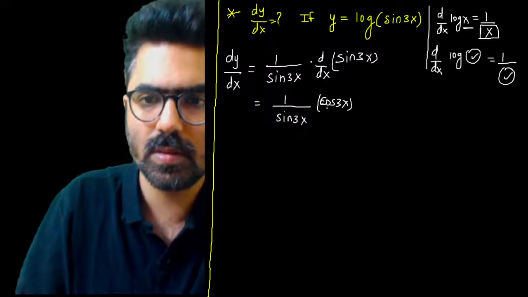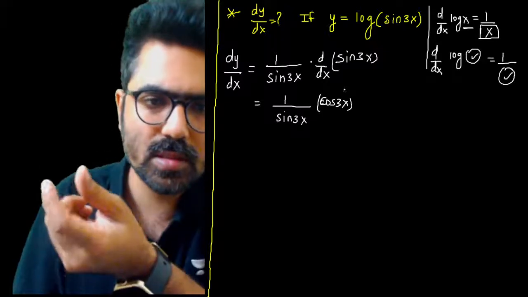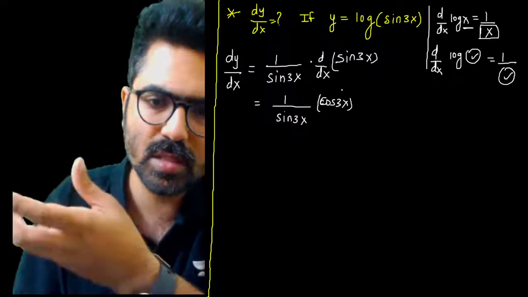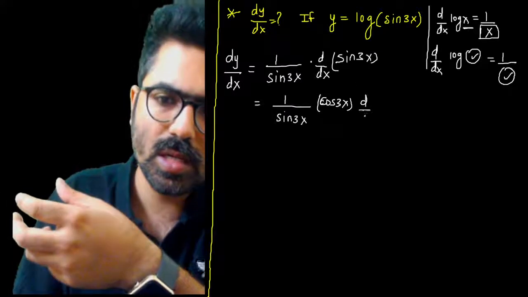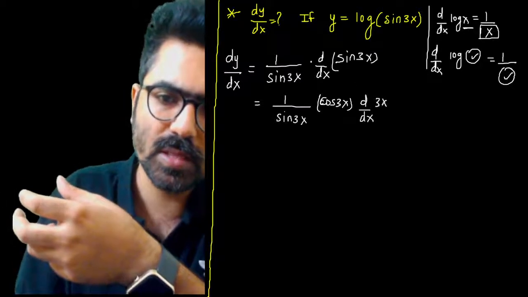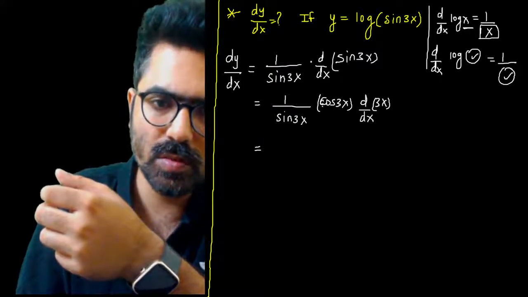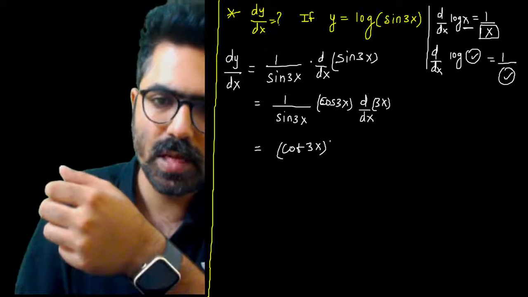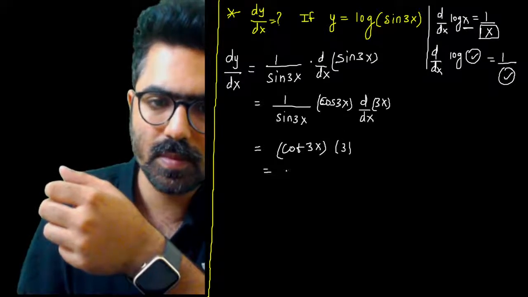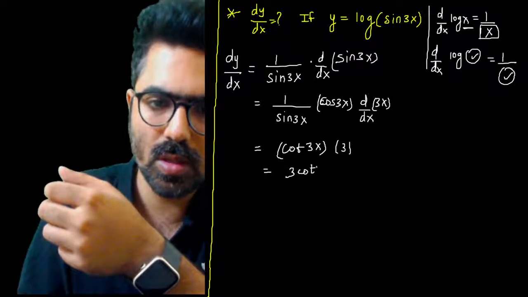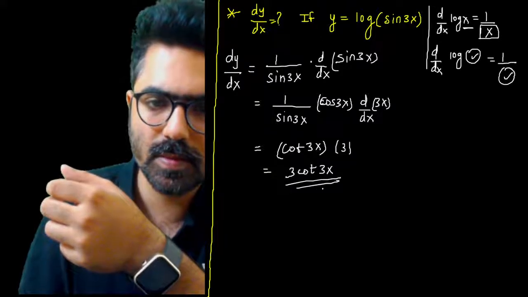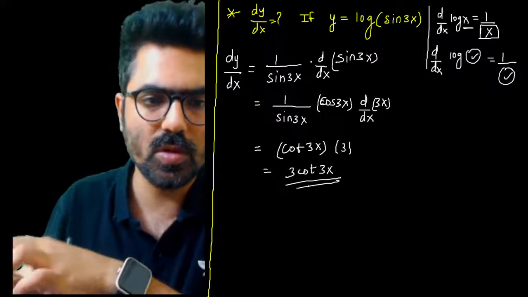Cos 3x. Right, derivative of sin x is cos x. Into derivative of 3x. Now we reach 3x. So this will be cos by sin, that is cot 3x, and derivative of 3x is 3. So the answer is 3 cot 3x.